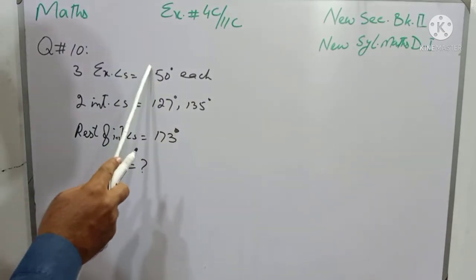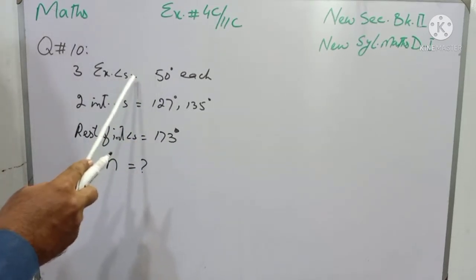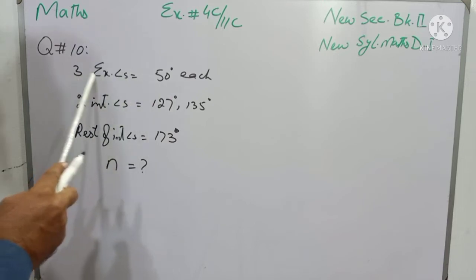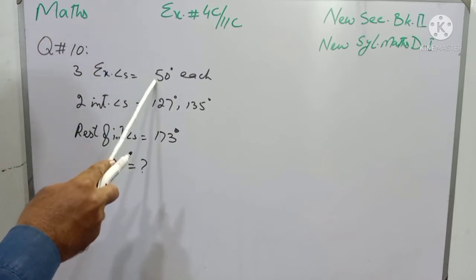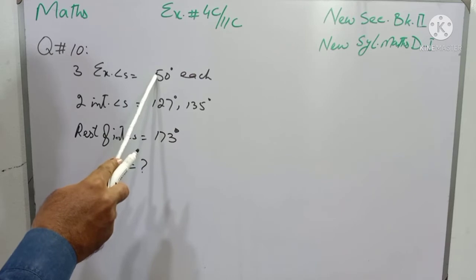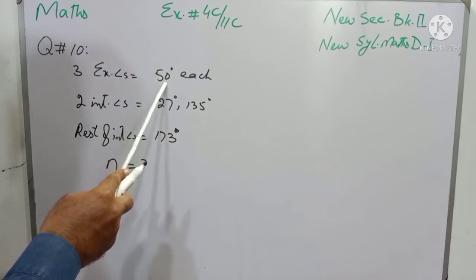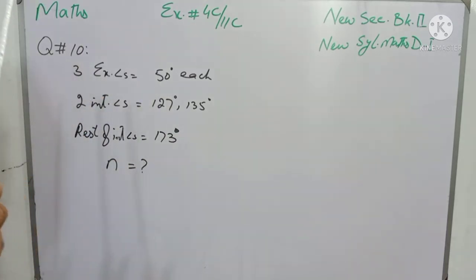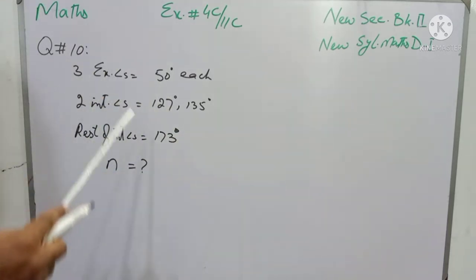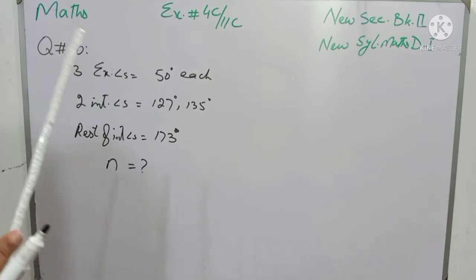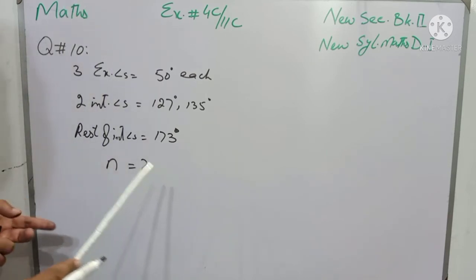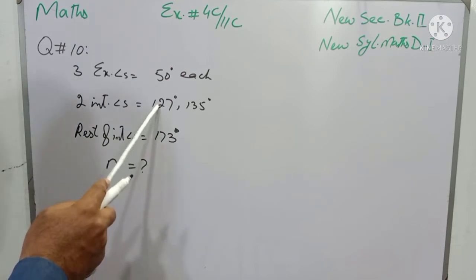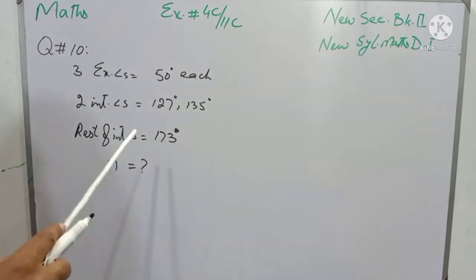With the help of the 50 degrees each we could find the interior angle, which will be 130 degrees each, because the interior angle is 180 minus 50. We can apply both formulas, but it is a little easier to use the exterior angle formula, finding exterior angles by subtracting interior angles from 180 degrees.